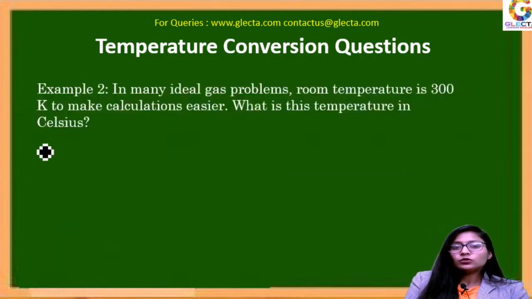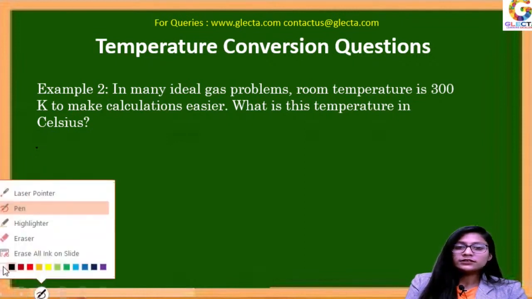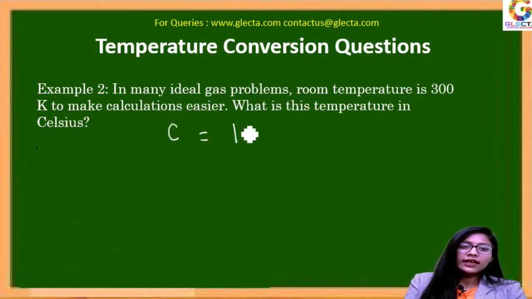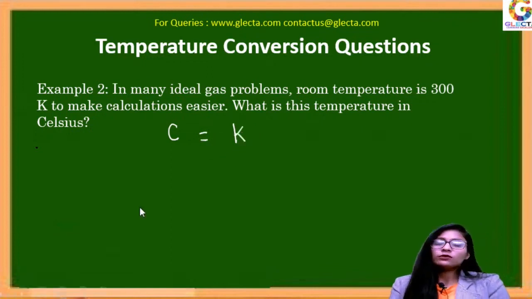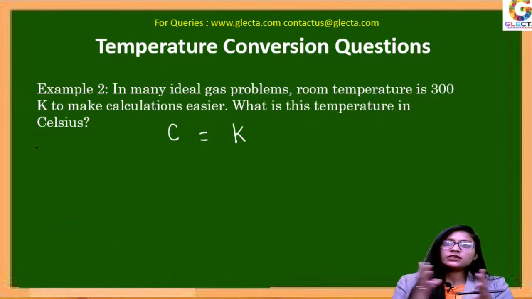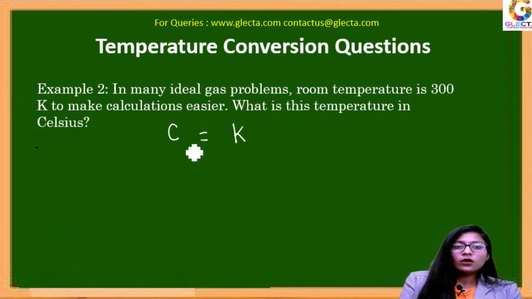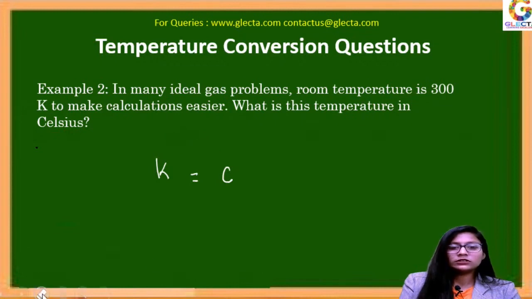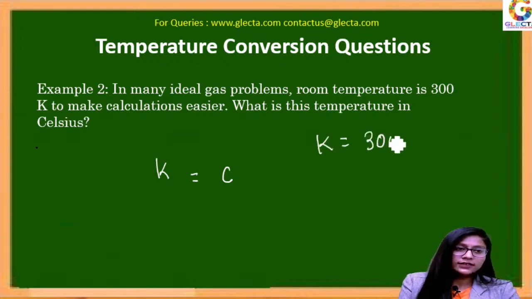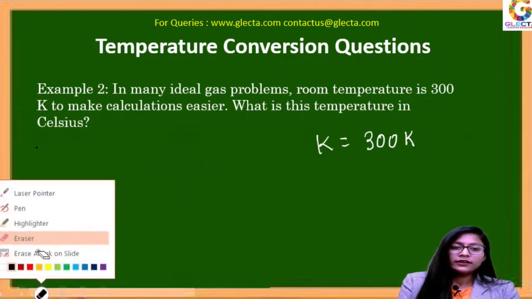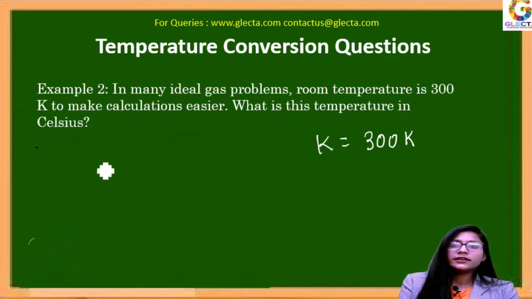In the previous question, we were converting Celsius into Kelvin. Now here, you have to convert Kelvin into Celsius. So what is the value of K here? 300 degree Kelvin, correct? Let me put the value of K in the formula.